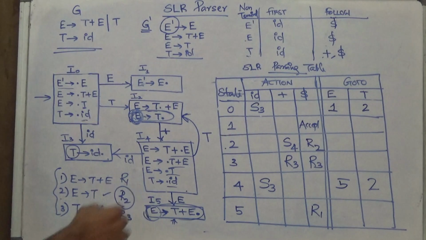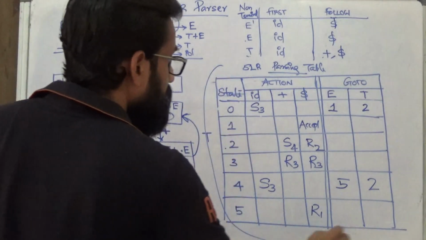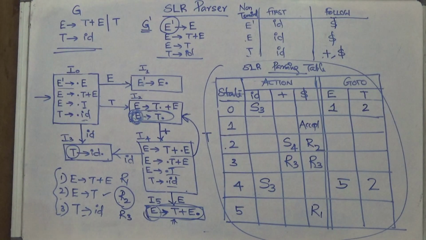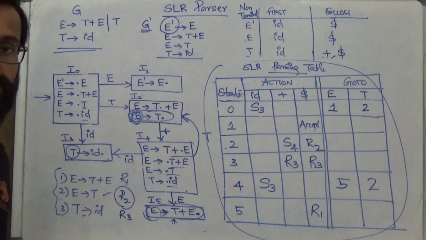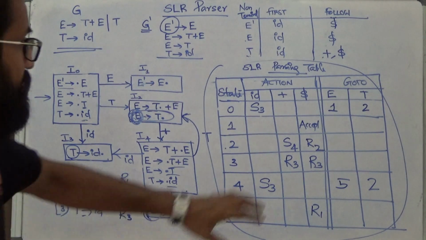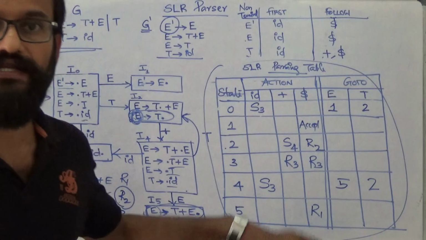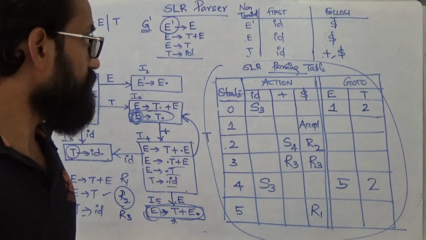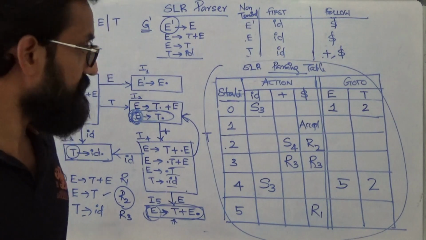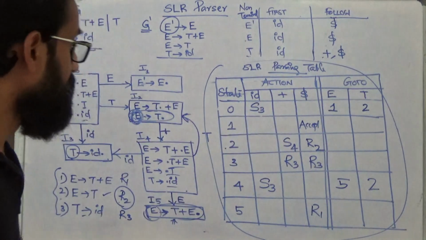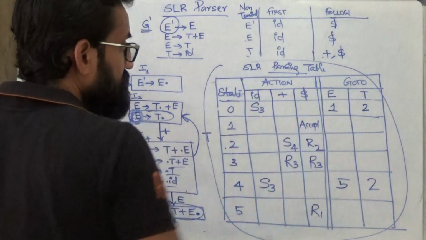So this will be the resultant parsing table obtained from the DFA considered using the collection of LR0 items. And again, this is an LR parser. We can conclude that this grammar is SLR grammar because you can construct a parsing table with unique entry in each location.